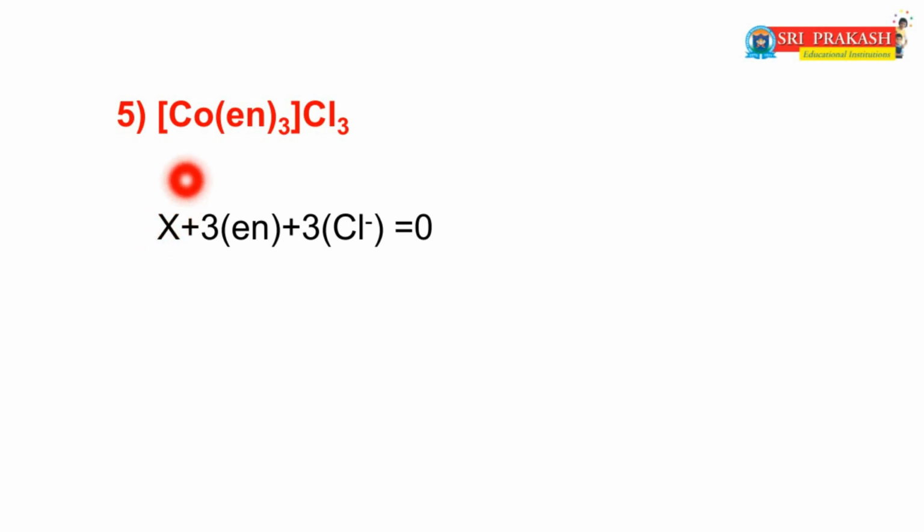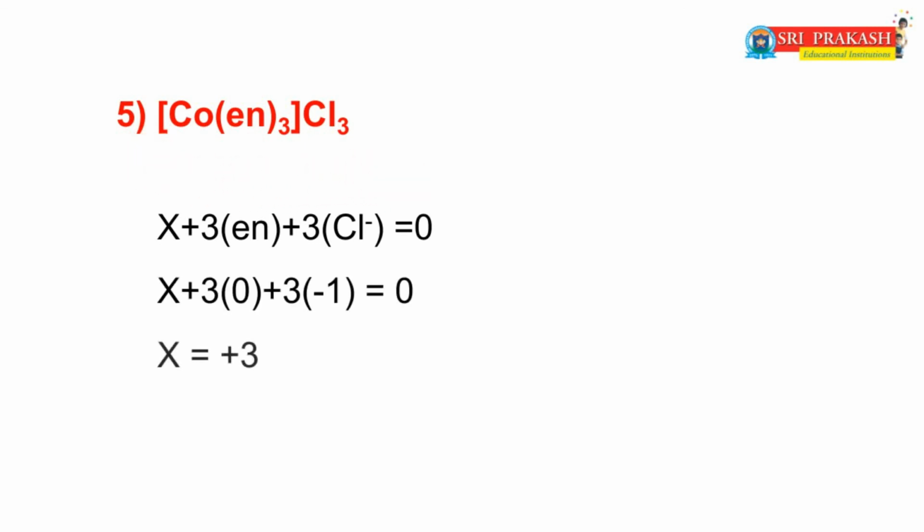Cobalt is represented by X plus 3 into en, because this contains 3 ethylenediamine molecules, plus 3 into Cl minus equal to 0, because this complex does not contain any charge. So the oxidation state of cobalt in this complex is plus 3.